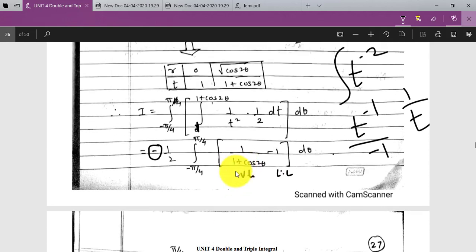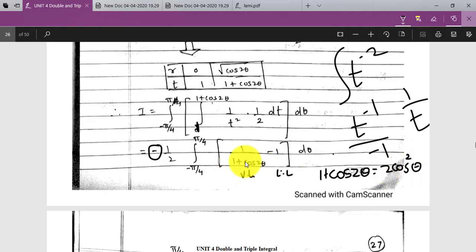Now see here, you have a formula, that is 1 plus cos 2 theta is equal to 2 cos square theta. My writing pad is not working properly, so kindly bear with me.